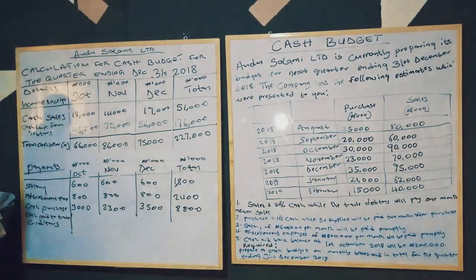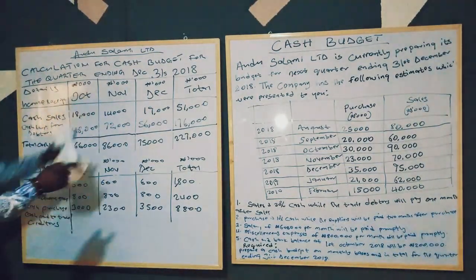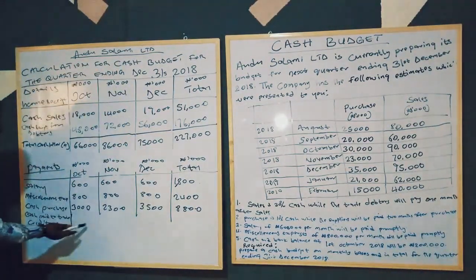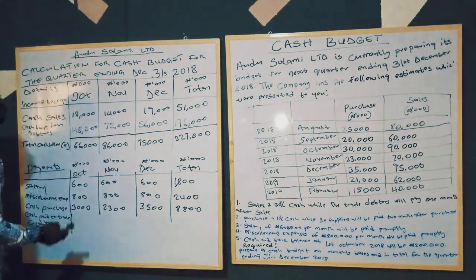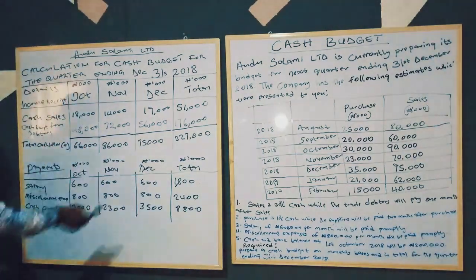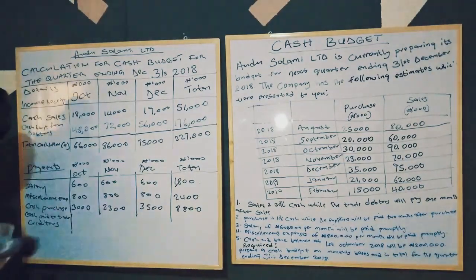That is the remaining balance that we pay 2 months after, in our previous calculation. So here we go to that previous calculation for cash pay to trade creditors. Any figure you find under each month is what we are going to use.